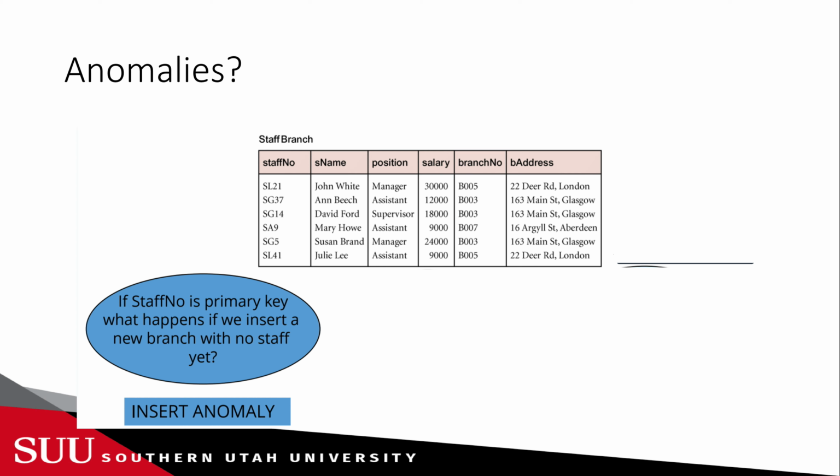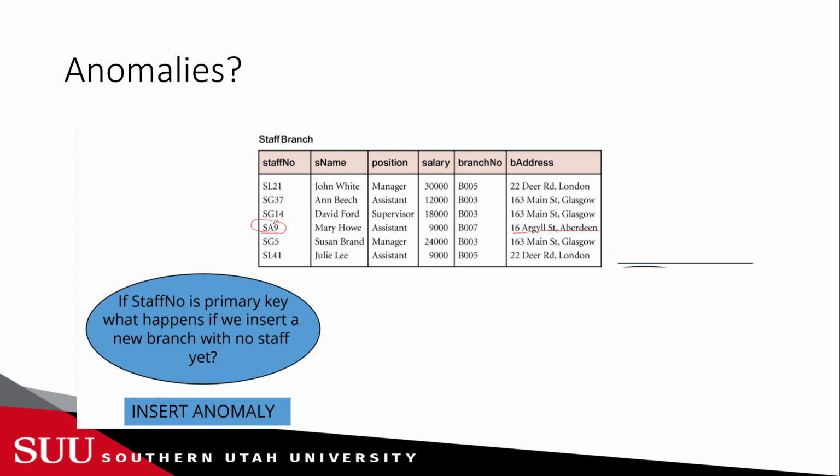Now, what about the delete anomaly? So if we look at this specific table, if I try to delete one of the records, let's say this record, if I delete this employee SA9, now if we look closely, we have this branch that is not repeated in this table anywhere.